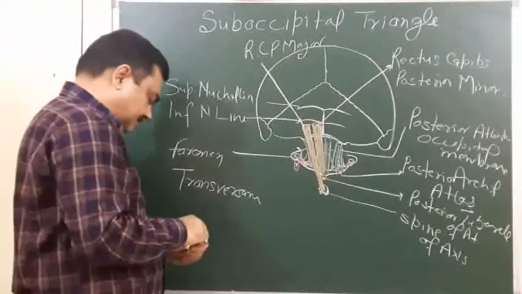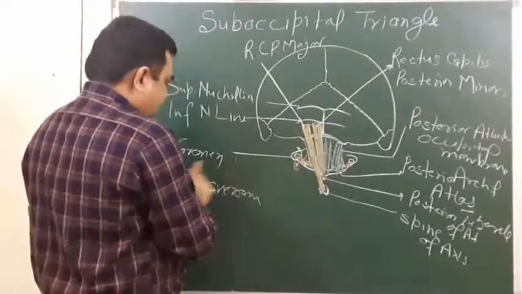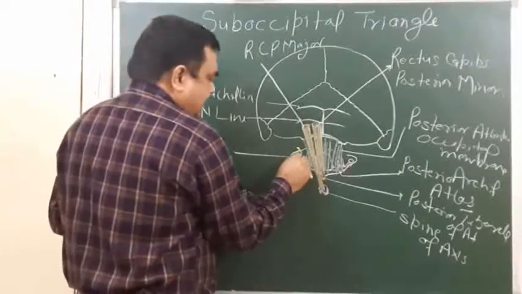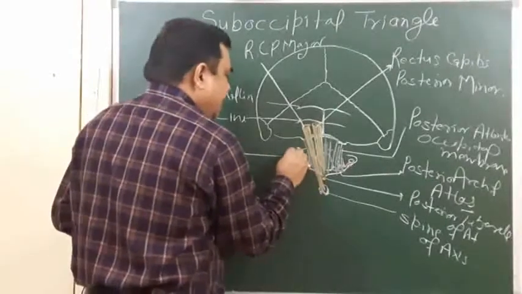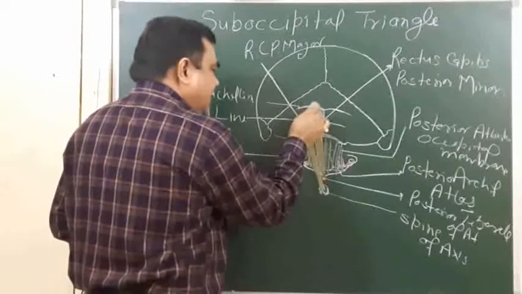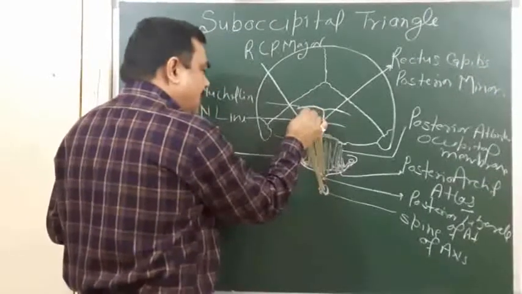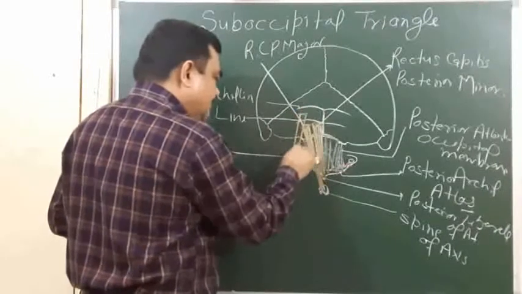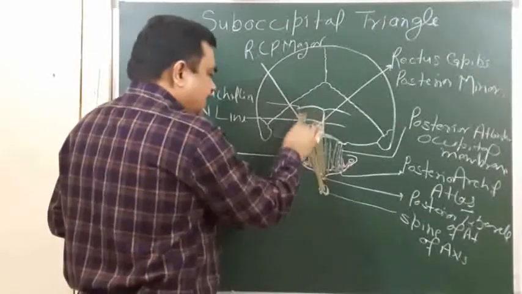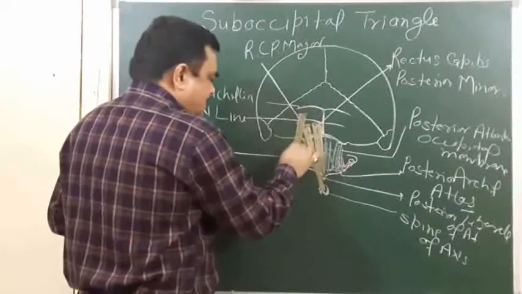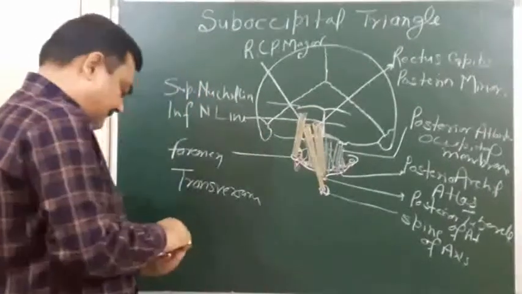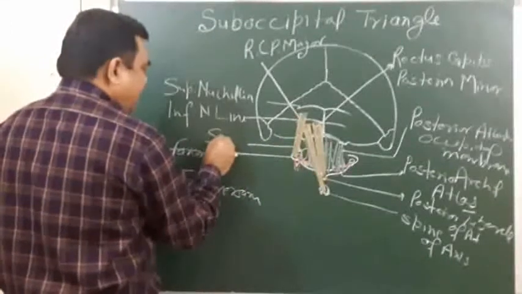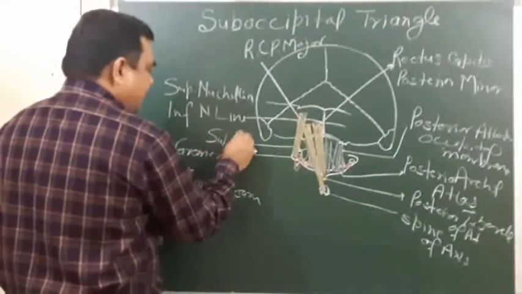And the muscle from the transverse process of the atlas runs upward and is inserted between these two nuchal lines. This muscle is the superior oblique muscle.